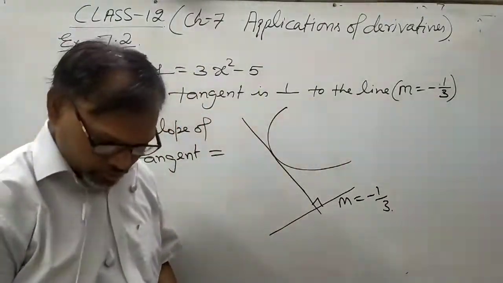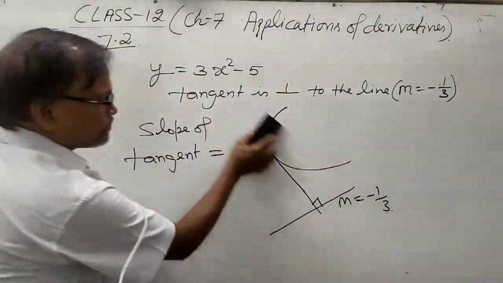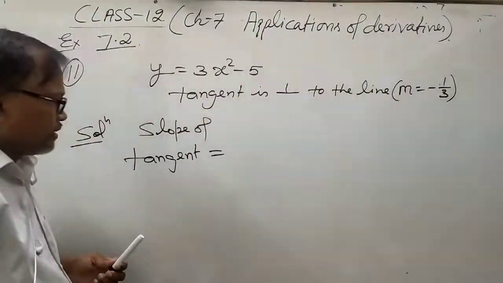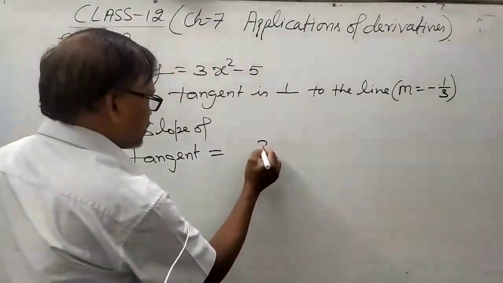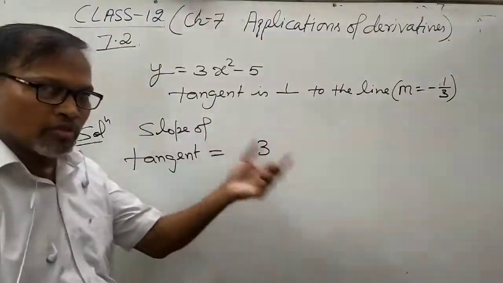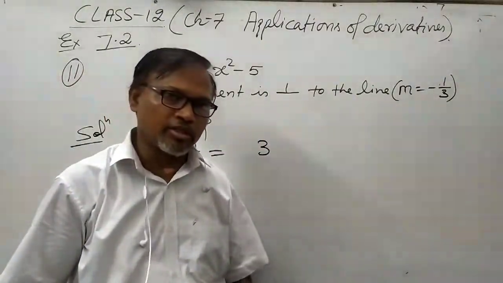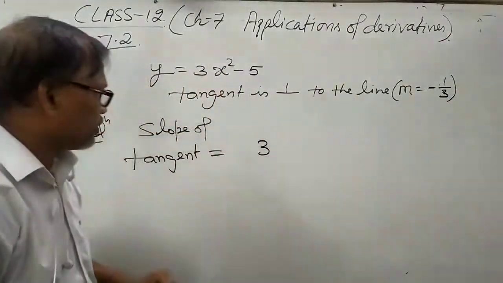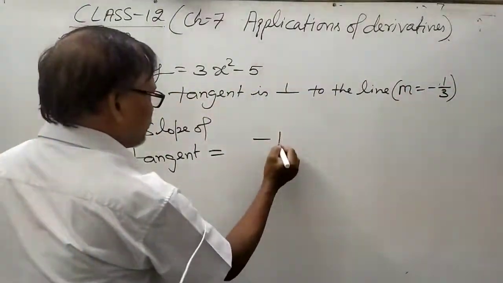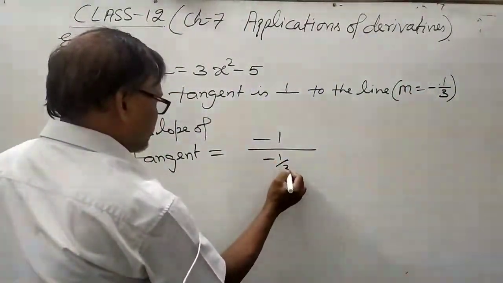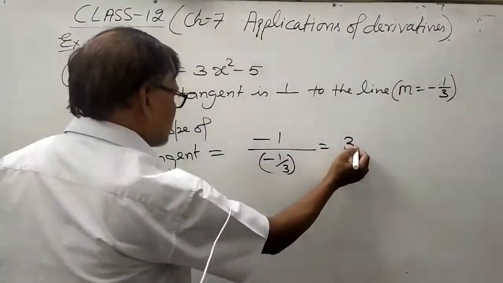So the slope of the tangent will be -1/(-1/3). Minus minus plus, 3 upstairs, so slope will be 3. This is equal to 3.